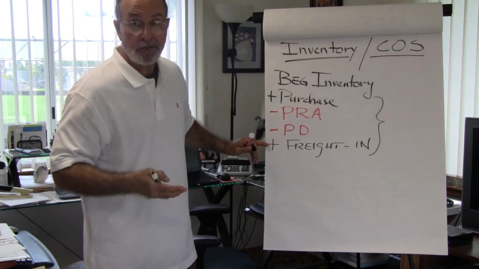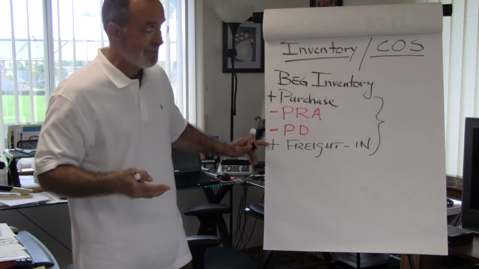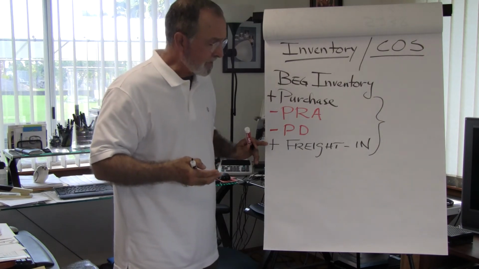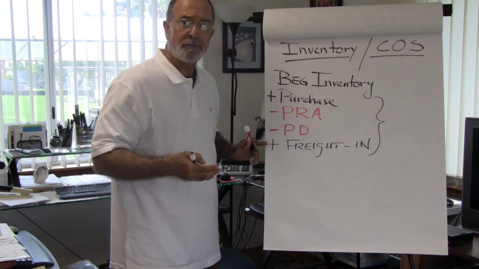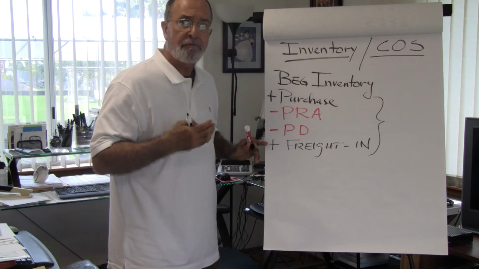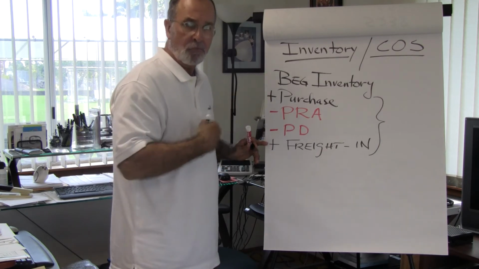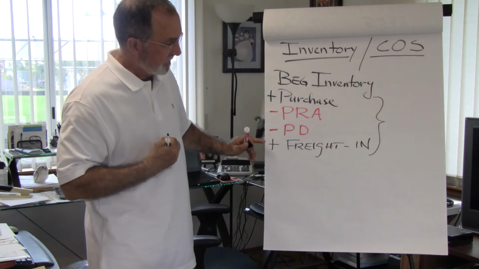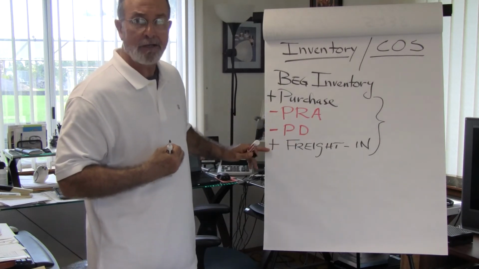And generally, especially if we're in a place like Hawaii, where we're in the middle of the ocean, we're going to have substantial freight charges that we are paying to get our merchandise to our place of business. And so typically we call that account freight in.